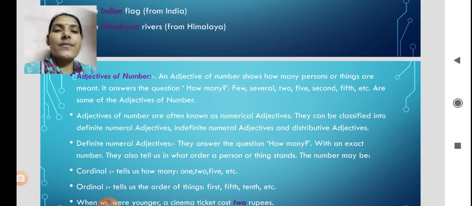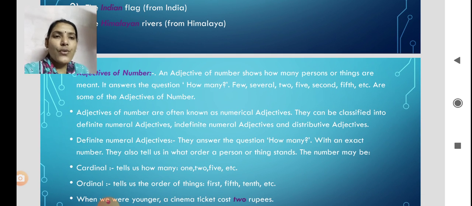Adjectives of numbers. An adjective of number shows how many persons or things are meant. How many numbers, how many persons or things. Few, several, 2, 5, second, fifth, etc., are some of the adjectives of numbers.